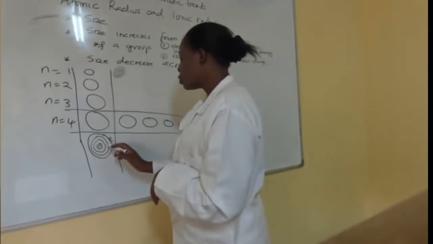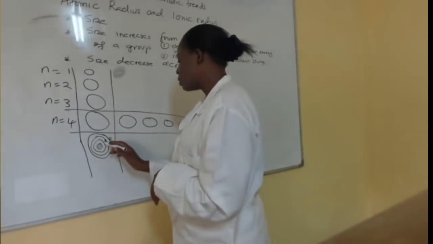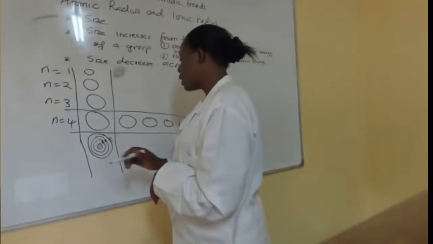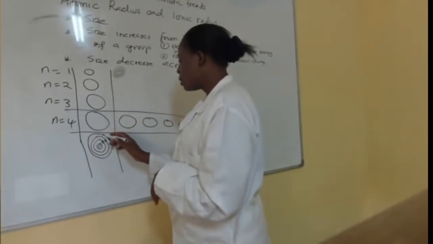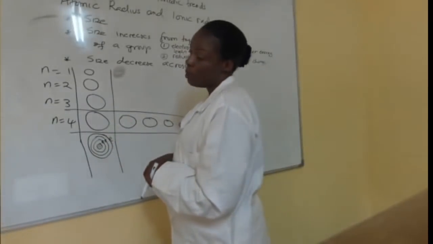Why? Because it is being screened or shielded by the inner electrons as well as by the electrons in its orbit.